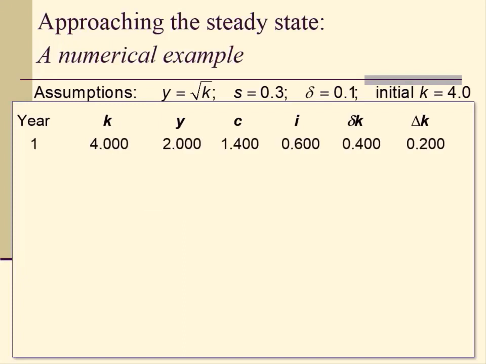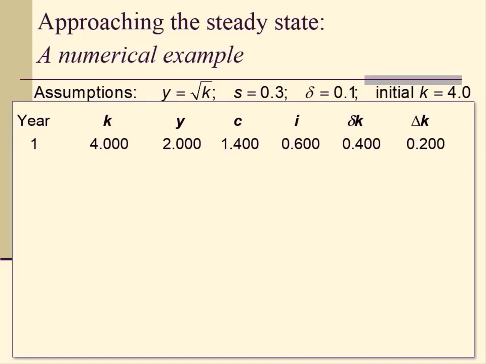Initially, let's say at year 1, capital stock per worker is 4.0, and since output per worker is k to the 1/2 power, which is the square root of k, you get 2.0. Consumption per worker is 1 minus s times output per worker, which is 0.7 times 2, which is 1.4.